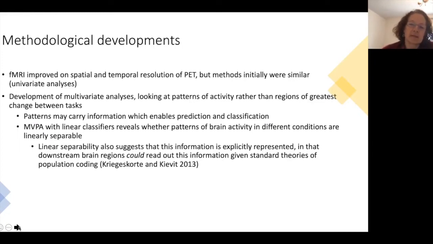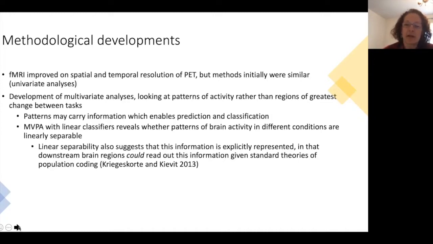And it has been suggested anyway that if you get linear separability, then that's an indication that the brain itself, using the kinds of population readout codes that we think are operative, can read out the information in, let's say, one area by a downstream area, because these kinds of readout mechanisms are also able to look at linear separability.